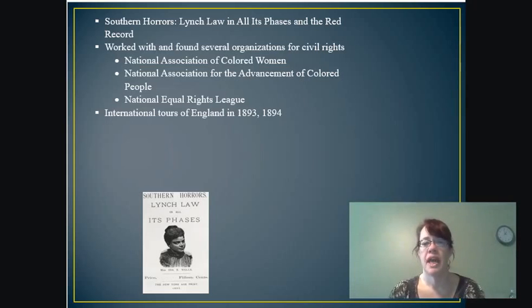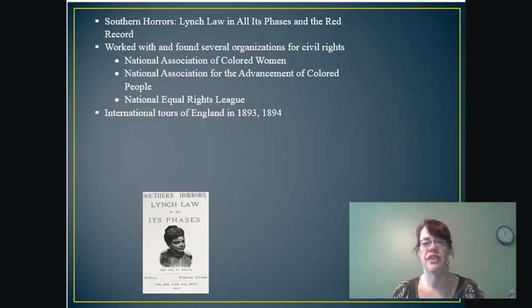And then she also wrote a book called The Red Record, which discussed lynching and the problem with lynching. She advocated pretty much her entire life for a federal anti-lynching law, which is still something that is mostly absent.